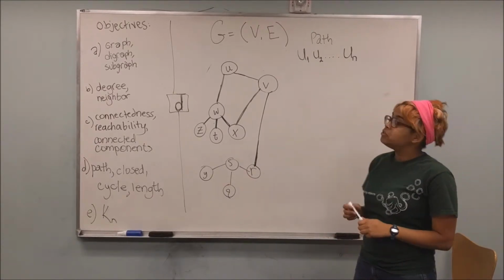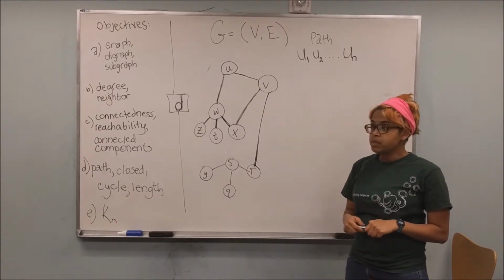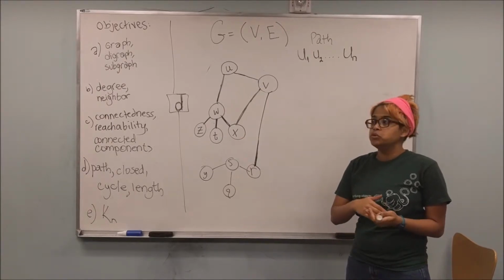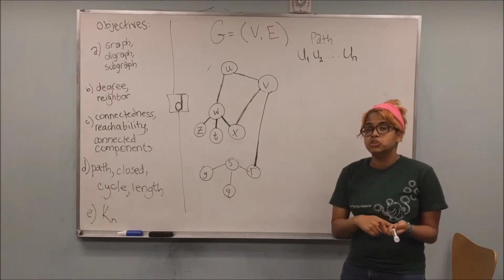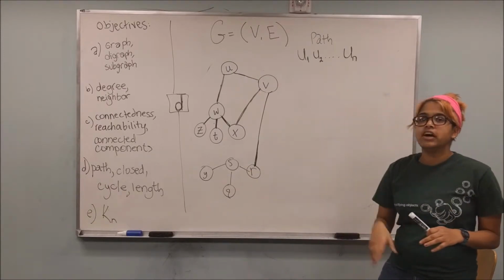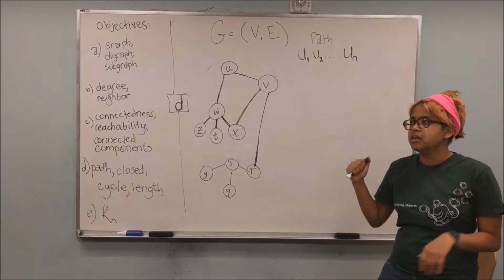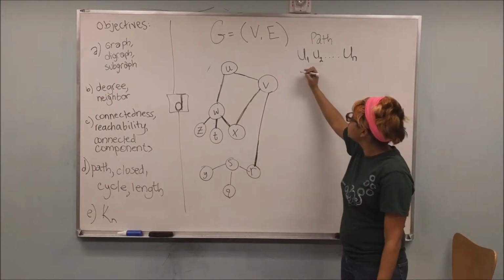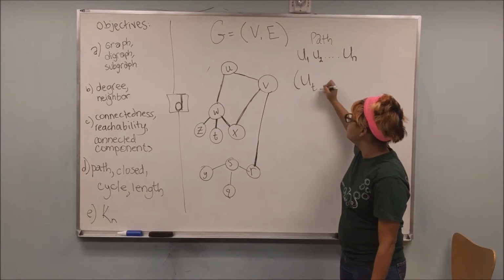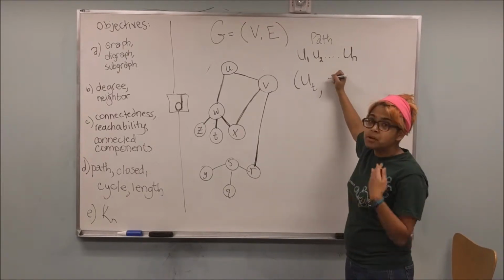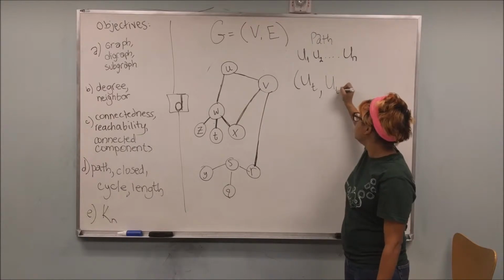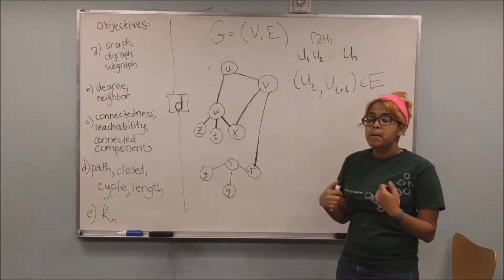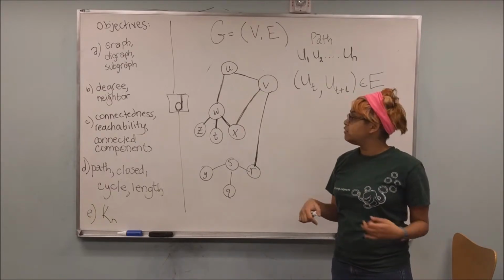Sorry. So the way I'm going to define path is I'm going to say, okay, here's the sequence of nodes, and the way I've written that sequence is U1, U2, and then I did a dot, dot, dot, because there's like n many of them, and this represents a path so long as every time you go from any of the U, in this case I'm going to represent the index by t, to U(t+1), that is going to be part of the set of edges.